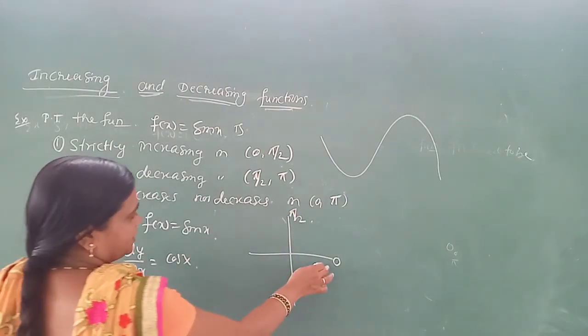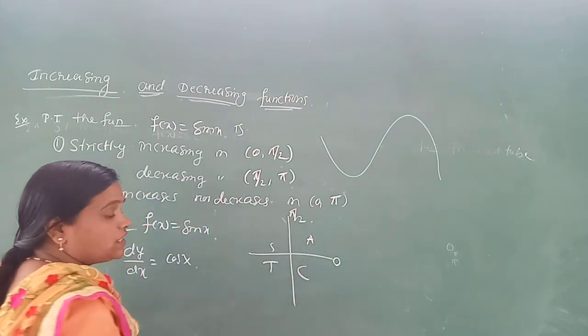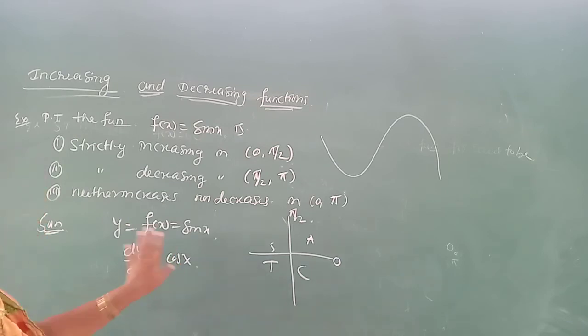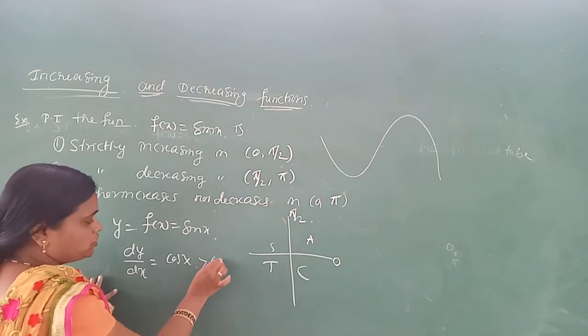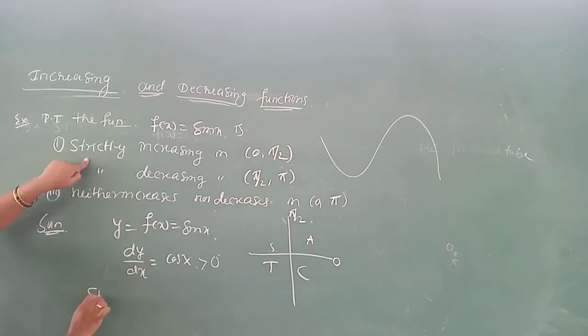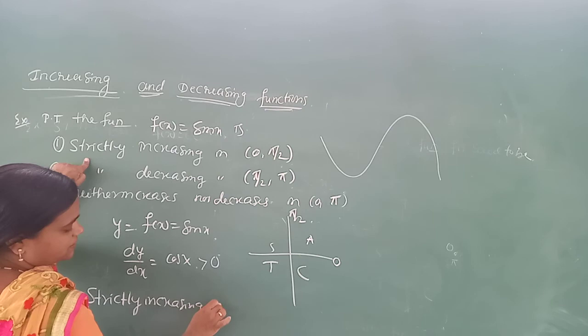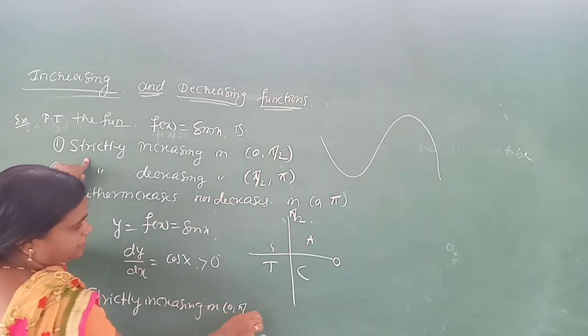In first quadrant, according to ASTC rule, all are positive. Means cos is also positive. Therefore, dy by dx is positive. Correct. dy by dx is positive in the first quadrant. Means it is strictly increasing. Correct. Strictly increasing in 0 to pi by 2.